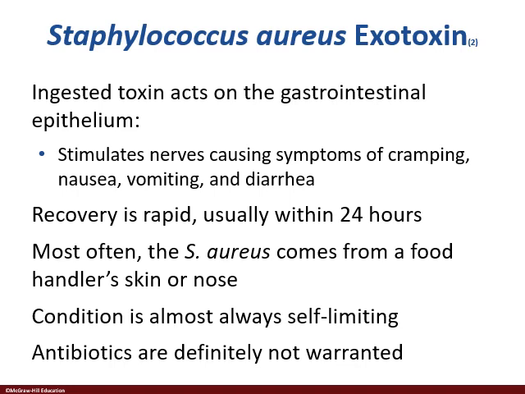On the plus side, it's fast onset, fast to go away. Within 24 hours, all the toxin will be cleared from the patient's system, and they're okay. It's generally considered self-limiting.